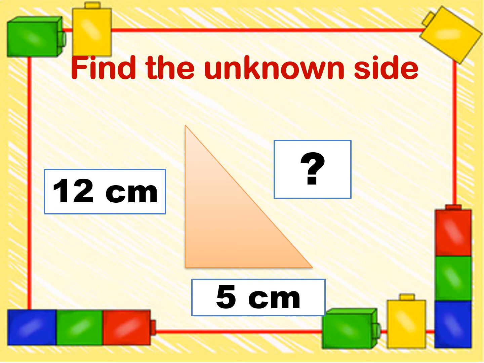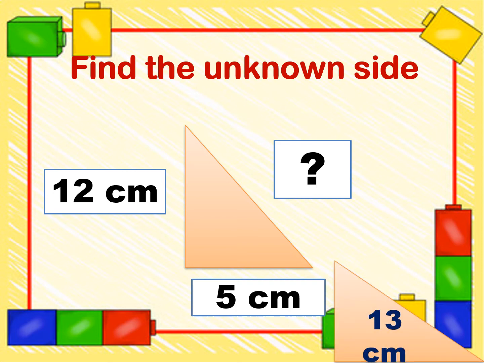What is your answer? What do you think? Okay, let's reveal it. The answer is 13 centimeters. Be careful of writing the unit. In this triangle, the unit is cm or centimeters.